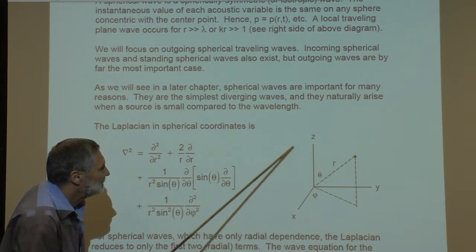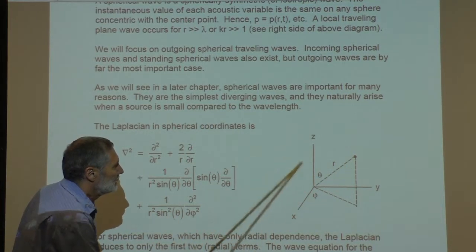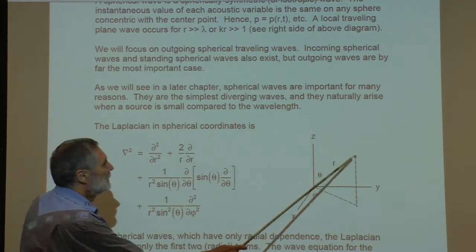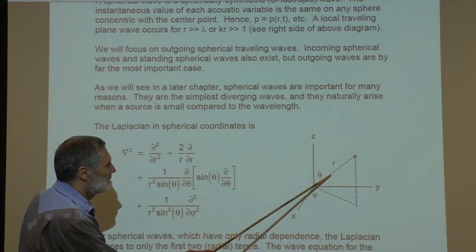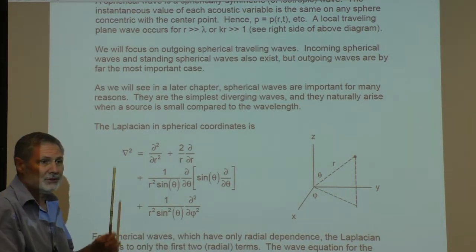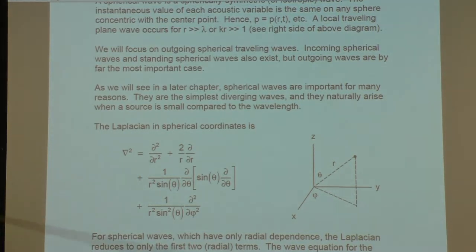So a circle concentric with the z-axis right here and parallel to the xy plane, a point moving around on this circle will have constant r, constant theta, but phi will be changing from 0 to 2 pi, okay? I'm sure you've all seen this. I just want to refresh your memory.